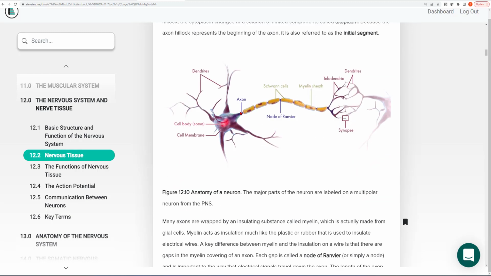cells are a single cell that wraps its entire little body and life around a portion of the axon. So this, therefore, because this has Schwann cells, and it says that these are Schwann cells, I know that this is a neuron in the peripheral nervous system. Right? This is a multipolar neuron, many dendrites, in the PNS because it has Schwann cells.